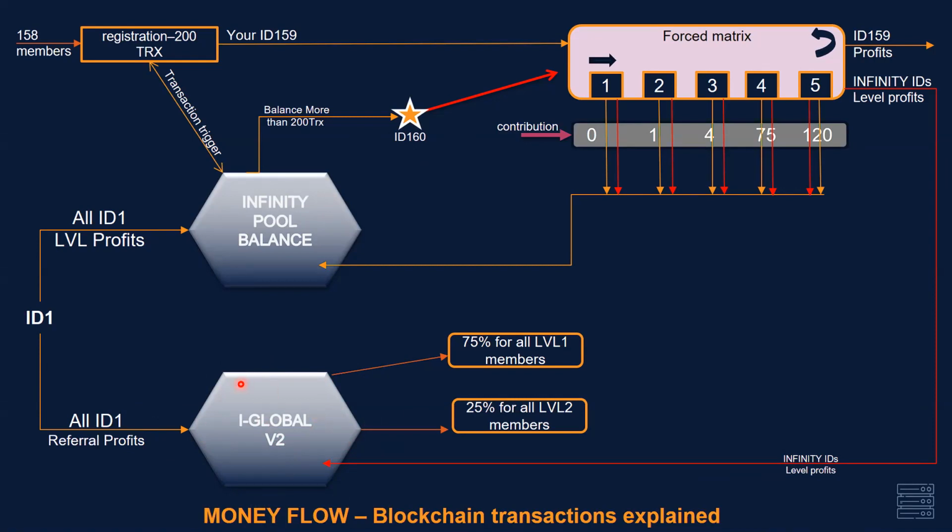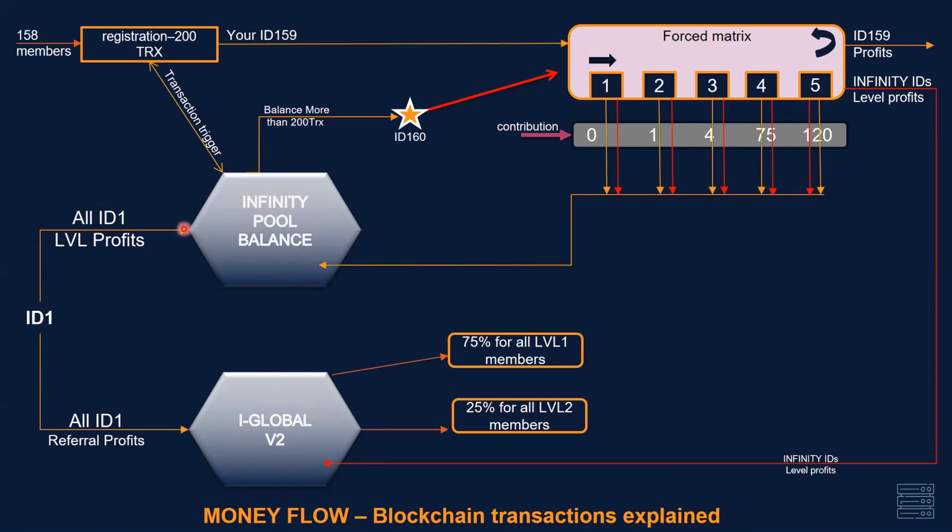So now we have the source of the money for iGlobal. What is the other source? We said ID1. Look at the ID1. All of ID1's level profits will feed the infinity pool balance. That also has other income coming from the contribution of every person passing into the levels of the force matrix.